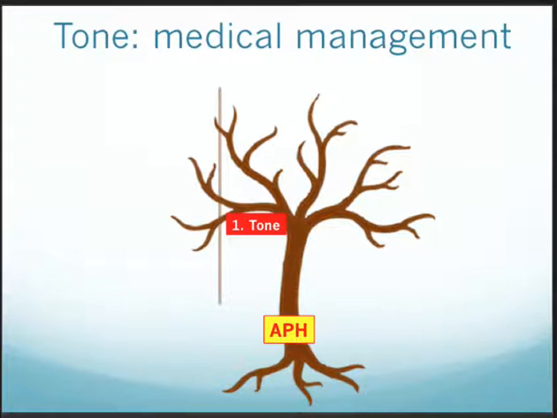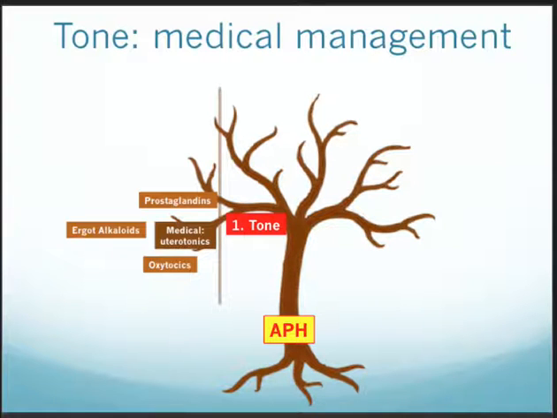So this is now the part of tone, the medical management, uterotonics, all drugs which promote contraction of the uterus, and we have 3 groups. The oldest one we use is ergot alkaloids. The more recent one is oxytocics, and the last one discovered were the prostaglandins.